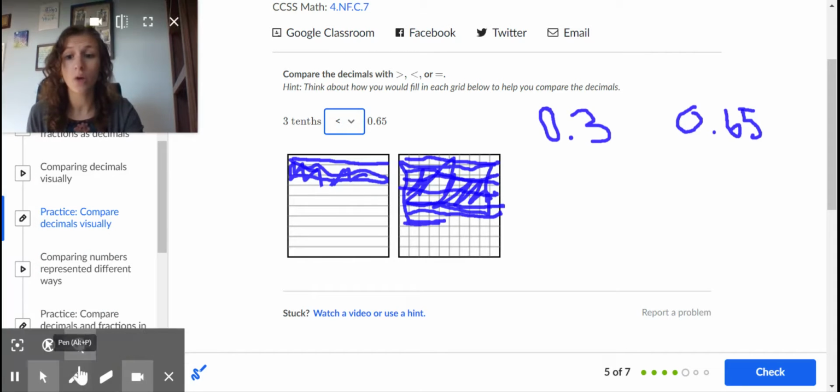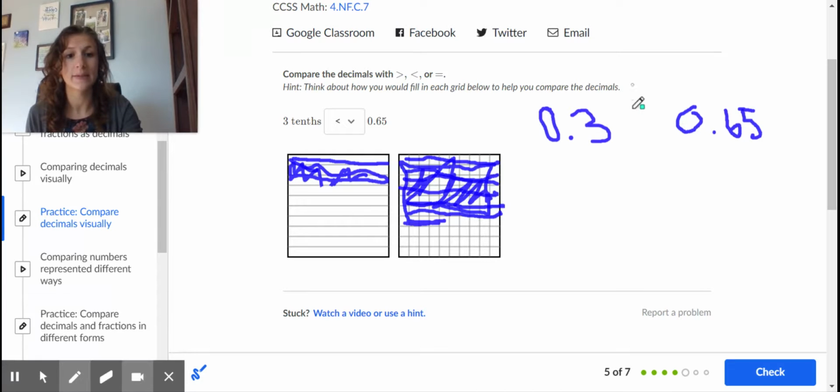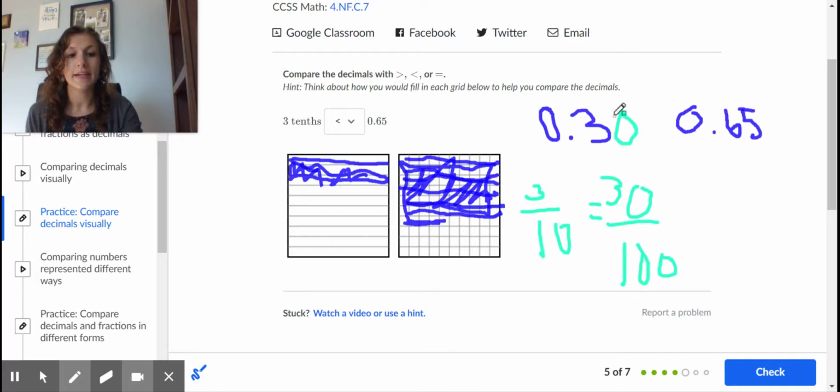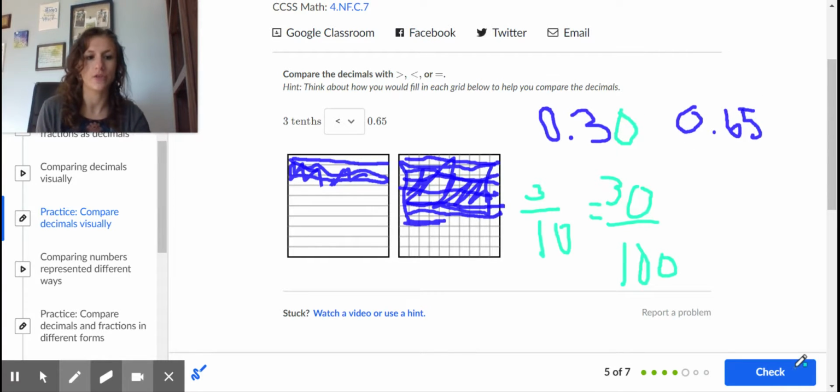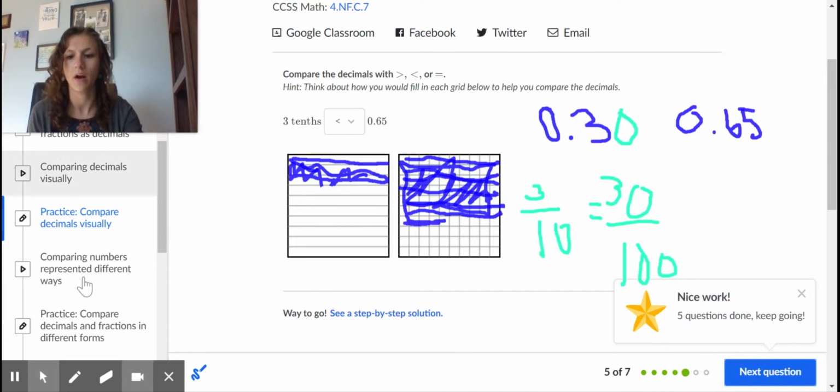We could have also renamed that 3 tenths into 30 hundredths, because I multiply by 10 tenths, or a version of 1. And then we can see that 30 hundredths would be less than 65 hundredths, since we're just comparing our same unit now. And we are correct.